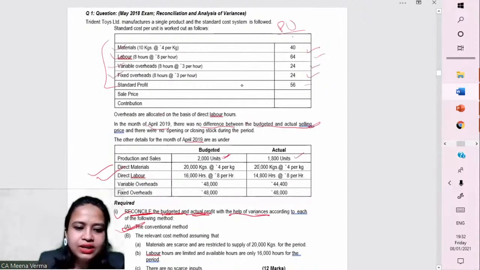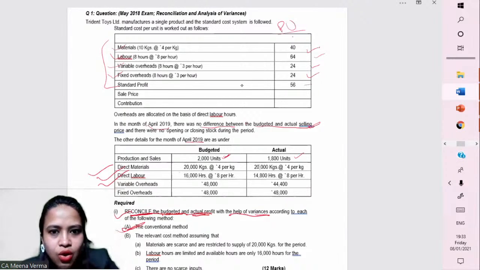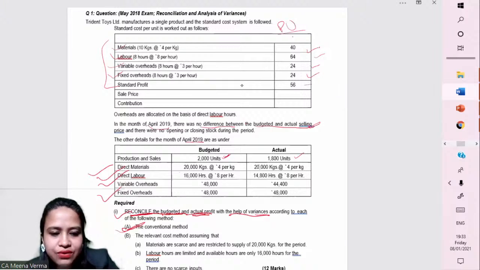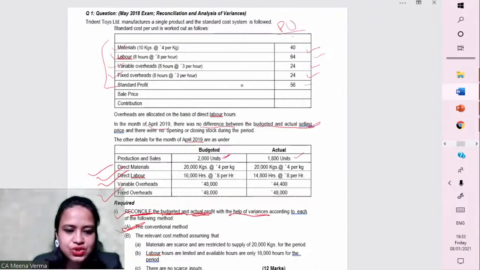And since the variable overhead is given, we have to find the variable overhead cost variance, and the information related to fixed overhead is given, and therefore you have to find the fixed overhead variance. So this is a big question. You have to find a lot of things in this question.